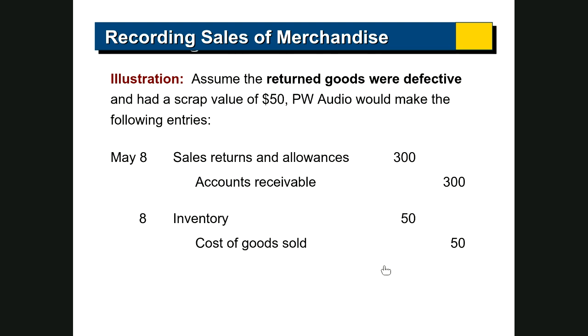Scrap value is a reduced price, right? Some scrap items are sold at a reduced price in, how should I say this, a market where branded items are generally not sold.